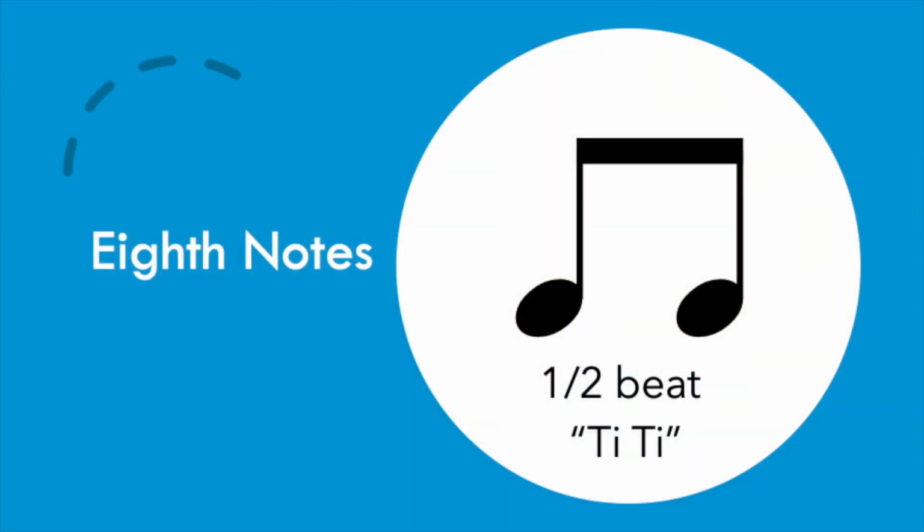The third element I'd like to talk about is the 8th note. The 8th note takes up half of a beat, so there are 2 8th notes for every quarter note, and then 4 8th notes for every half note. Those are drawn with a filled-in note head and a stem with a flag if it's 1 8th note by itself, or it can be 2 or more 8th notes, and that's when we put a beam over all of those 8th notes, just to show that they're a group of 8th notes.